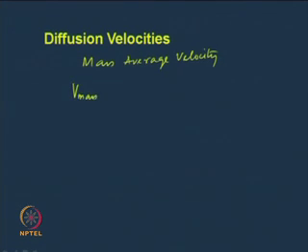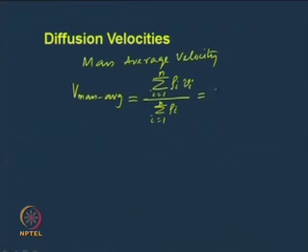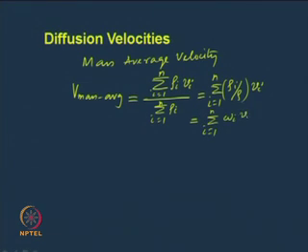V mass average is equal to summation over i equal to 1 to n rho i V i divided by summation over i equal to 1 to n rho i, which you can write as summation over i equal to 1 to n rho i by rho into V i, equal to summation over i equal to 1 to n W i V i.